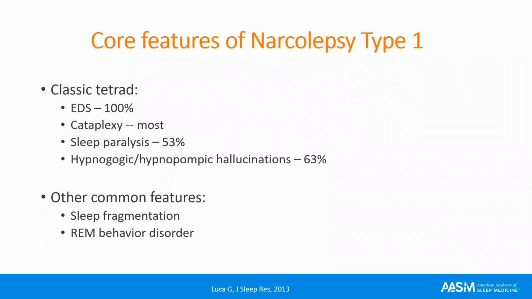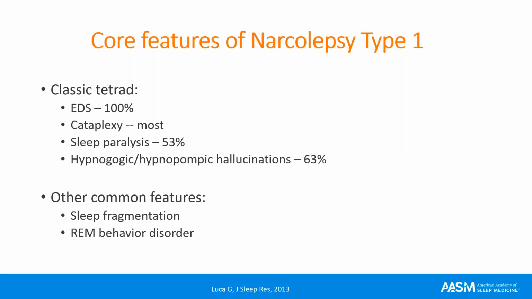So separate from the diagnostic criteria, what does classic type 1 narcolepsy actually look like? There is a tetrad of narcolepsy symptoms, and that is what people mean by narcolepsy type 1 symptoms. Sleepiness, you have to have sleepiness to have narcolepsy. According to the diagnostic criteria, it can happen that people manifest cataplexy before the onset of sleepiness, but it is not common.